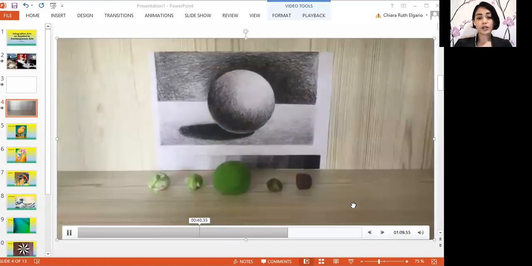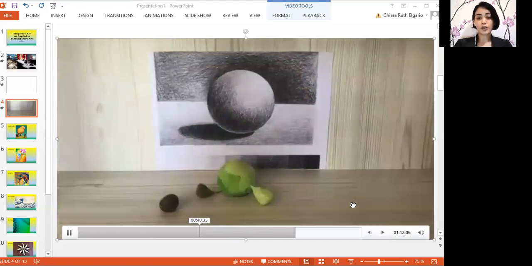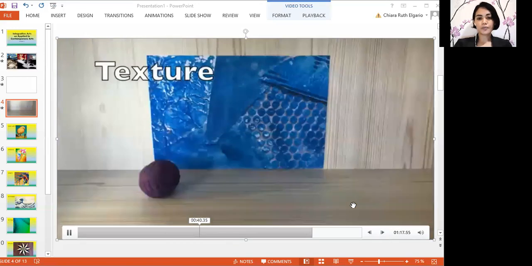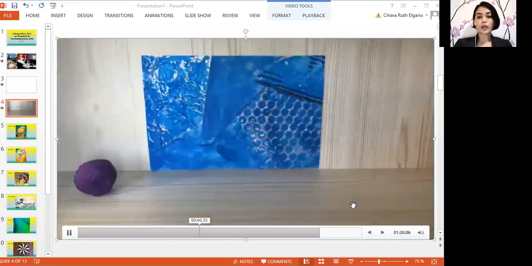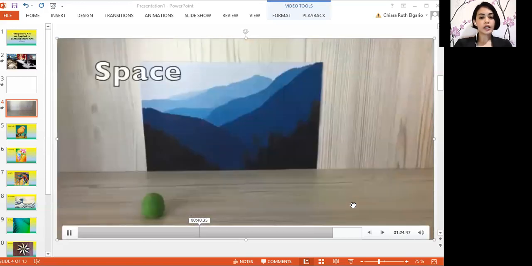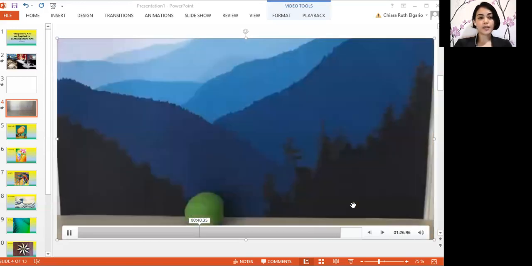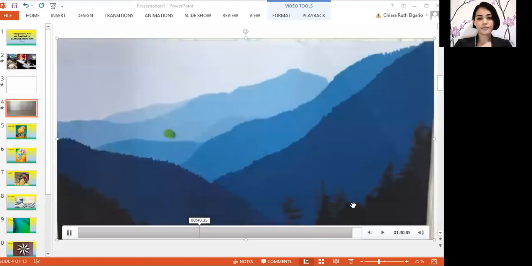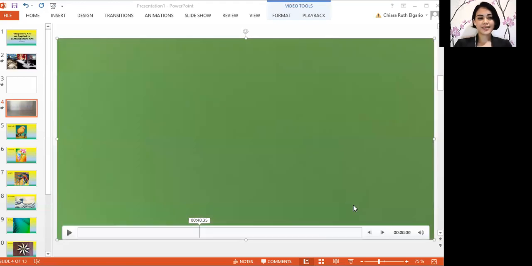In visual arts, value is considered a property of color which pertains to its lightness or darkness. In texture, it is the tactile or sensory surface of the piece, or in music, it is the mood or, of course, the space. So there you have the elements of arts.